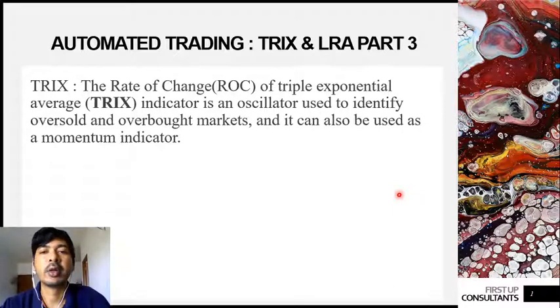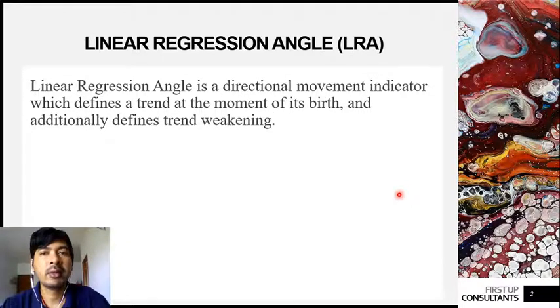This is basically an oscillator which can also give us an idea of overbought or oversold situation. But we are working with it as a momentum indicator to determine the trend, and then the LRA, the linear regression angle. We are utilizing it for the entry and the exit purpose.